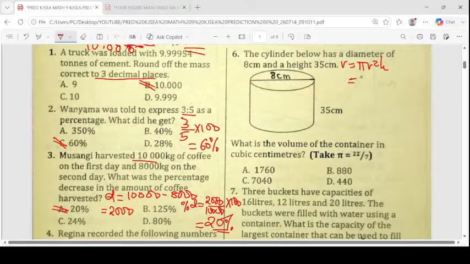So our volume here will be 22/7 multiplied by, if the diameter is 8, then the radius will be 4 squared, times the height of 35.